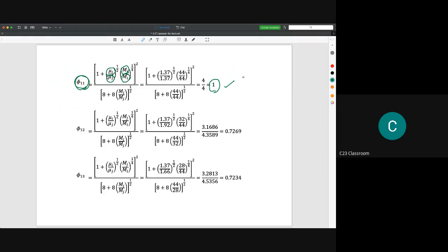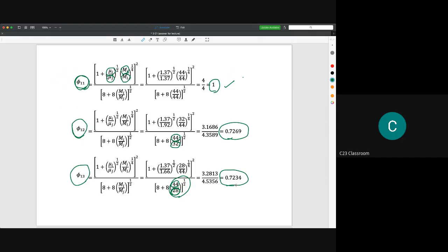And then if you go for phi 1,2 here, you are comparing the carbon dioxide, because it is i here, and then j is the oxygen, 32. If you solve this problem, you will get 0.72. For phi 1,3, you are comparing carbon dioxide with the nitrogen, and you will get 0.7234.